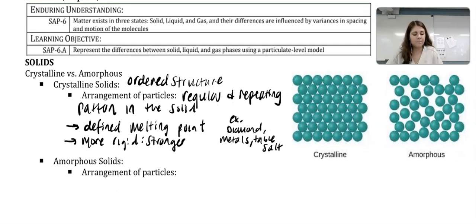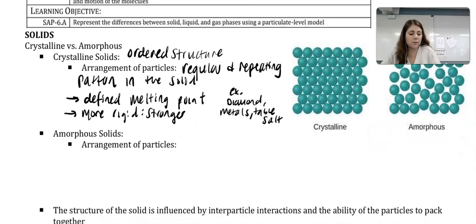Okay. And then next, amorphous solids will be an unordered structure, while its arrangement of particles will be in an irregular pattern in the solid.